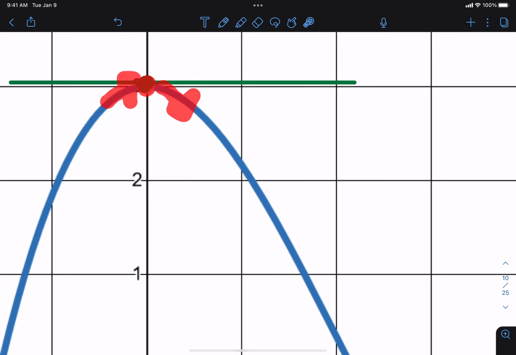So in order to say that I'm increasing, or in order to say that I'm decreasing, what I need to say is that, look, on some small region surrounding the point, I am going up over that whole region, or I'm going down over that whole region. It's not true for this point because I'm increasing to the left, but I'm decreasing to the right.